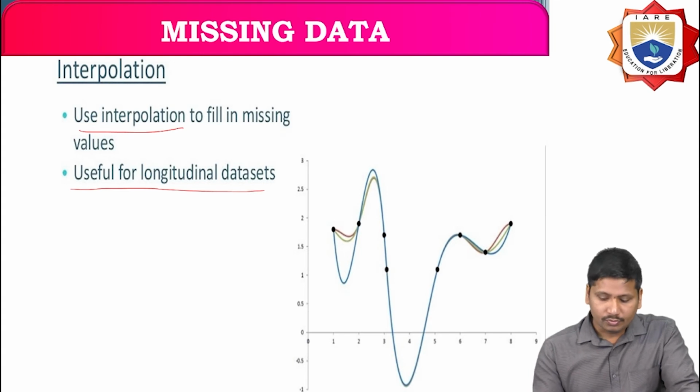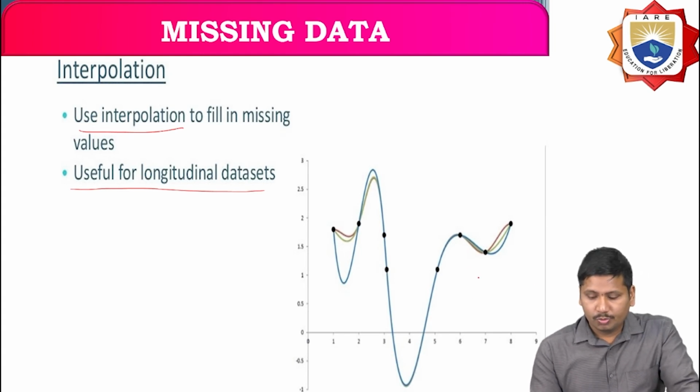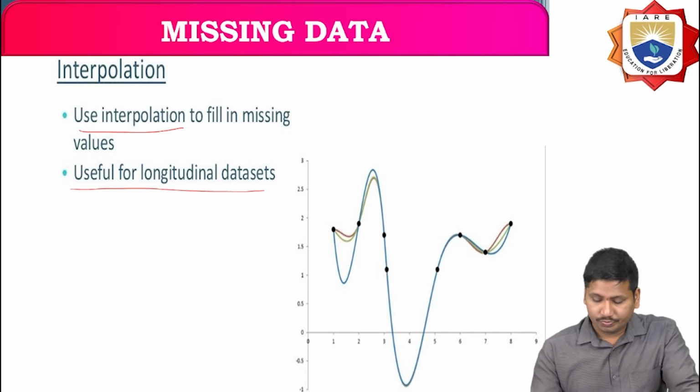This is one example of interpolation, the graph I obtained. Based on the mathematical equations I've defined for the interpolation, the value I'm getting is going to be taken and I have to fill the missing value with it.